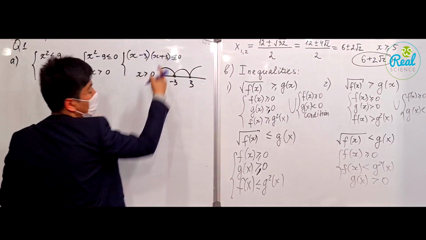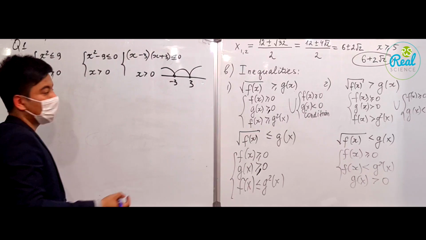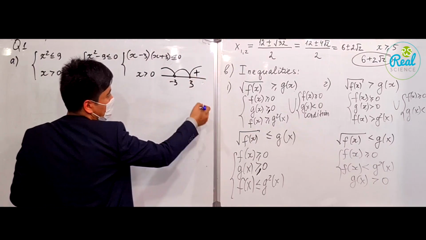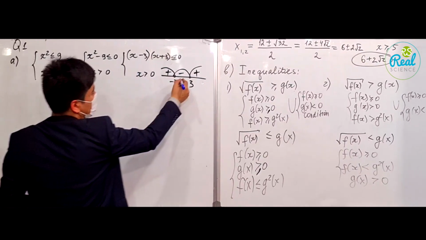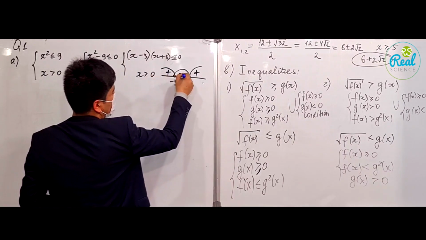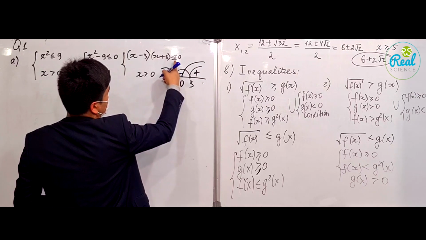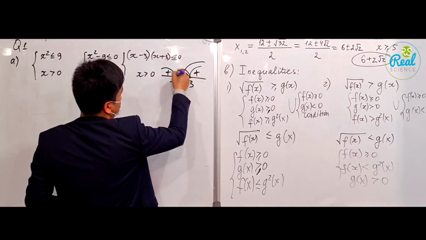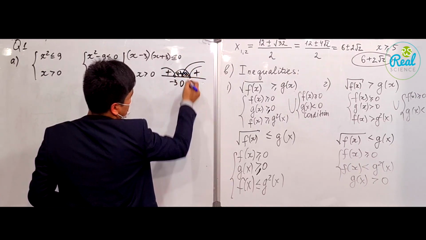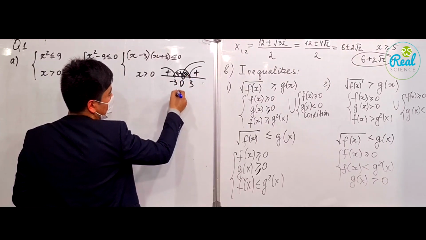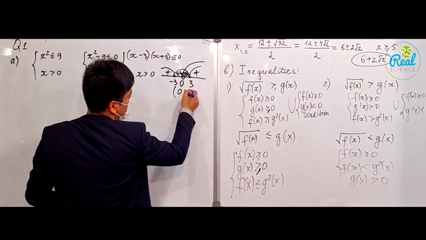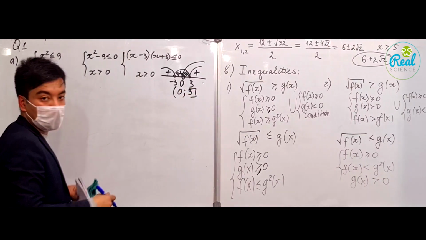If we put 4 here, students, the sign of this one is positive. Negative? Positive. And x must be greater than 0. Yeah? And we need negative actually, according to the first one. And x must be greater than 0. Now we're going to get the intersection, yeah? From 0 up to 3.